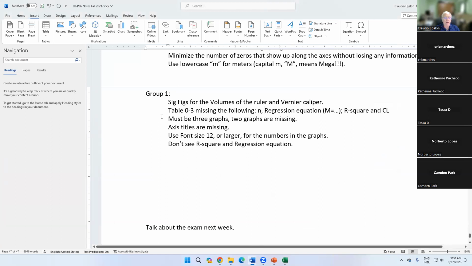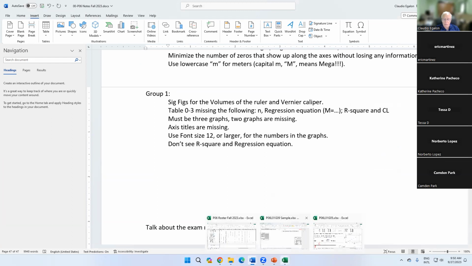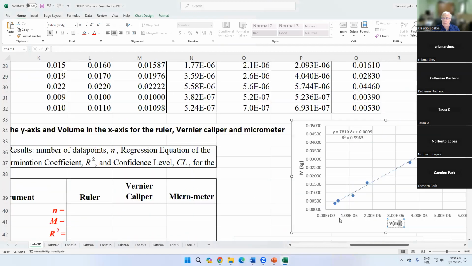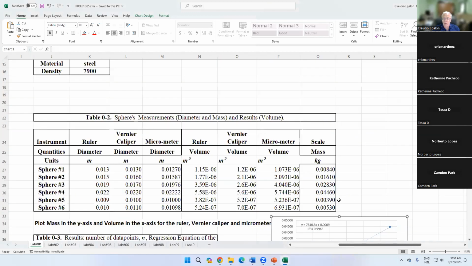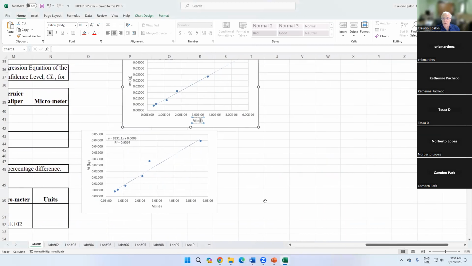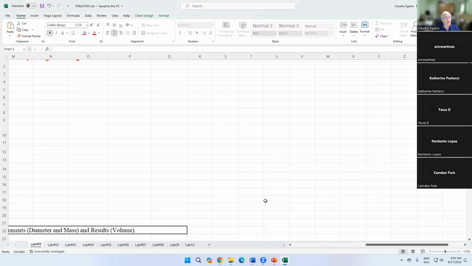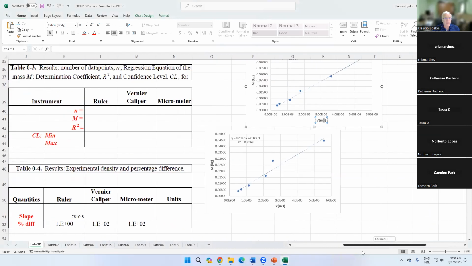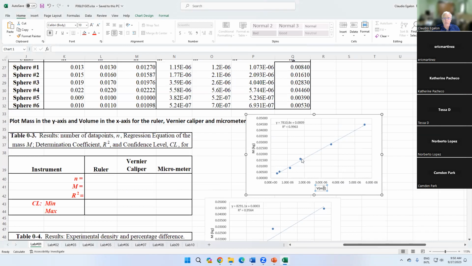Going back there to the table, okay, 2 graphs are missing. No, all the 3 graphs are there, right? 1, 2, and 3. Where's the other graph? Yeah, I don't see the other graph. Okay, group 5, I don't see the other graph, right?